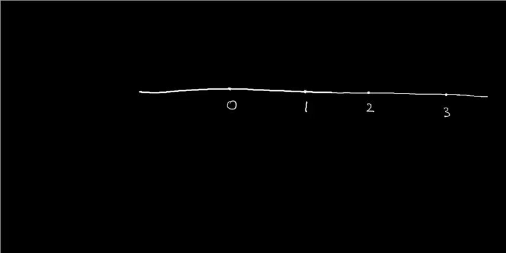Extend this a little further, and if I take a circle with center at 0, this circle will intersect the number line here, and this is root 2. Okay, we are clear till this point.